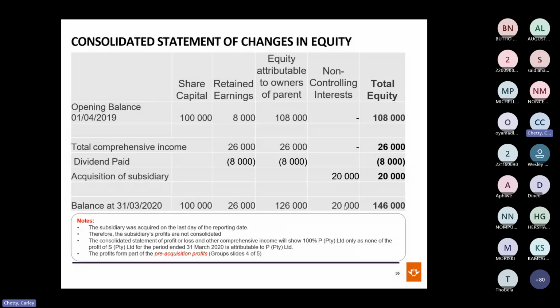That will give us 146,000. Okay, so remember that the subsidiary was acquired on the last day of the reporting date. Therefore, the subsidiary's profits are not consolidated in this question. So the consolidated statement of profit or loss and other comprehensive income will show 100% of P Pty Limited only, as none of the profits of S will be attributable to P because the subsidiary was acquired on the last day.